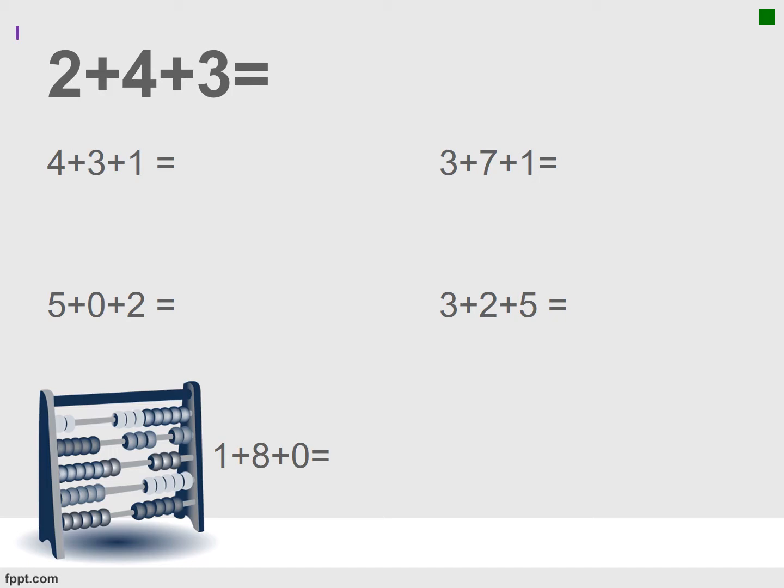Here we will add the first 2 numbers. Now what are the first 2 numbers here? Number 2 and then you have number 4. So 2 plus 4 is 1, 2, 3, 4, 5, 6.